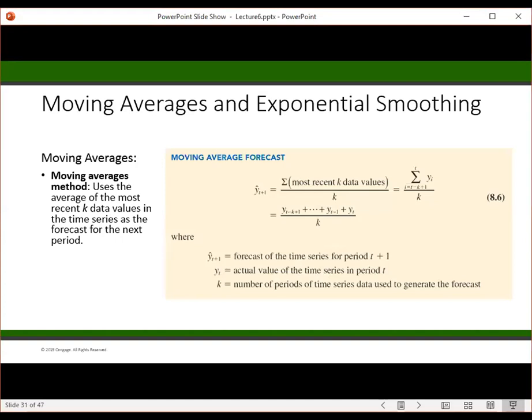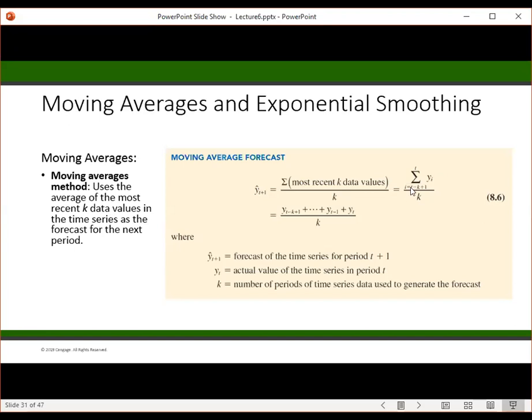So we take the average of the most recent K values. Let's say the most recent 3: we sum up the most recent 3 values and divide by 3. In other words, we take the average of those, and then that's going to become our estimate for the future.